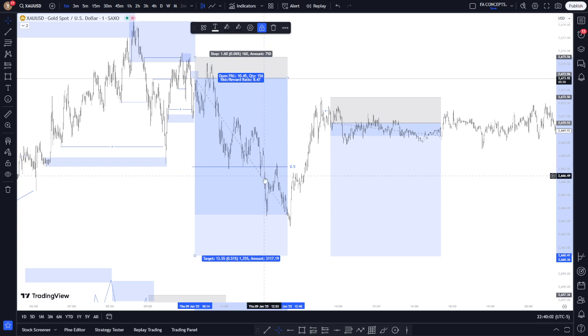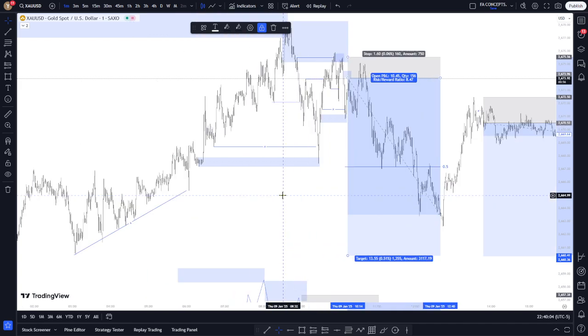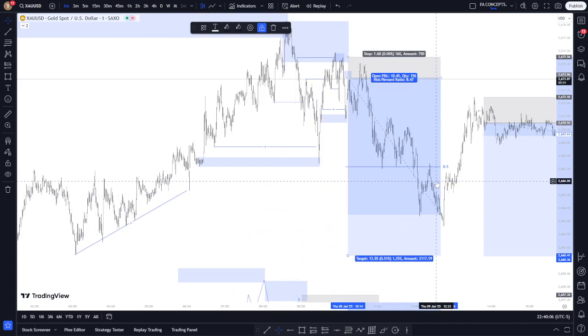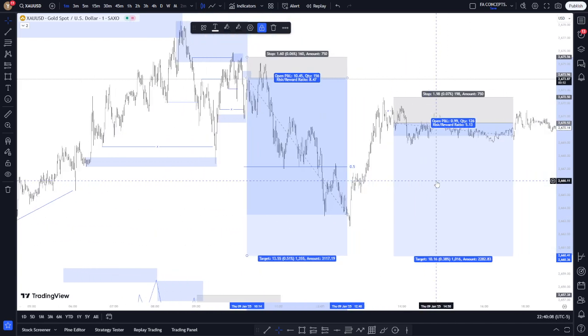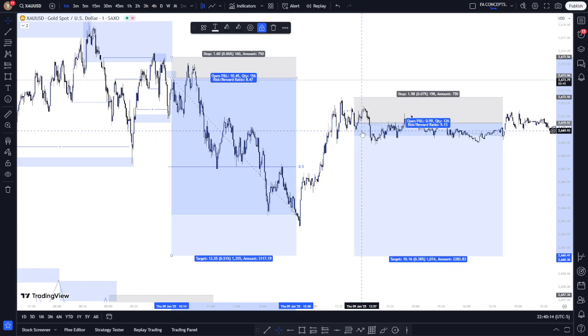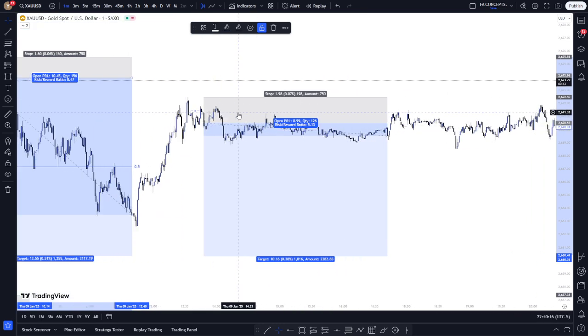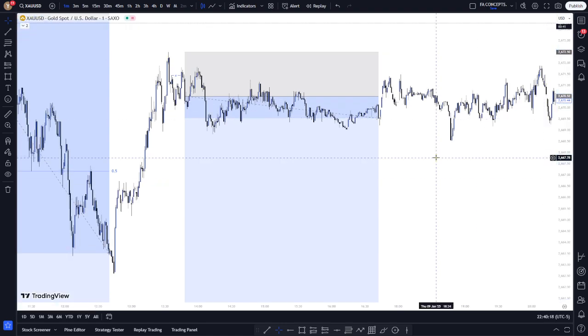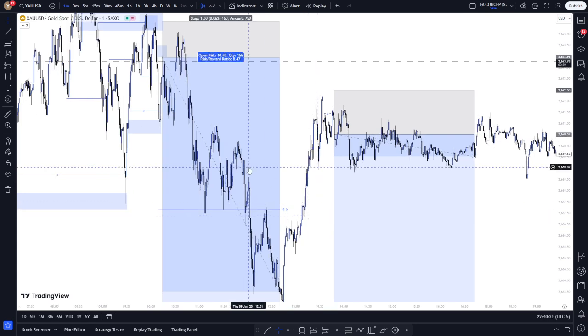Now price started pushing more, almost at TP, and I trailed my stops to 2670. Yeah, but as you can see, I got taken out. It's okay.